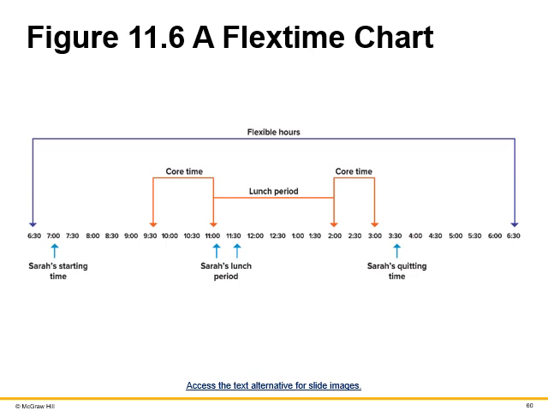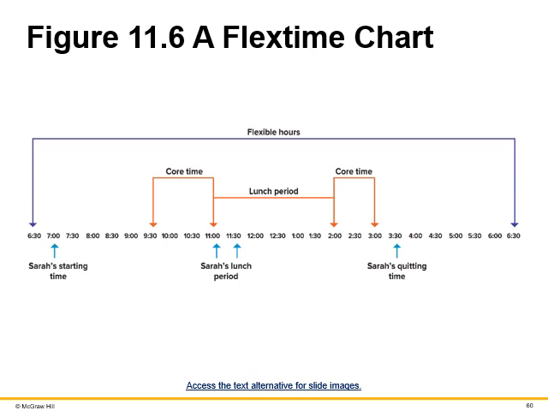The benefits are obvious and often lead to a more motivated workforce. At this particular company, as illustrated on the slide, employees can start work anytime between 6:30 and 9:30. They take a half hour for lunch between 11 and 1:30, and then they can leave anywhere from 3 to 6:30.